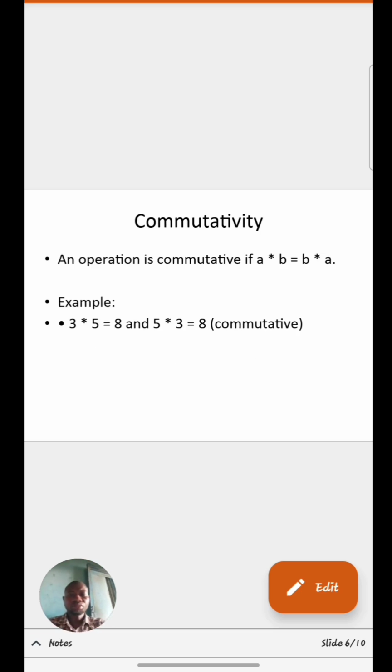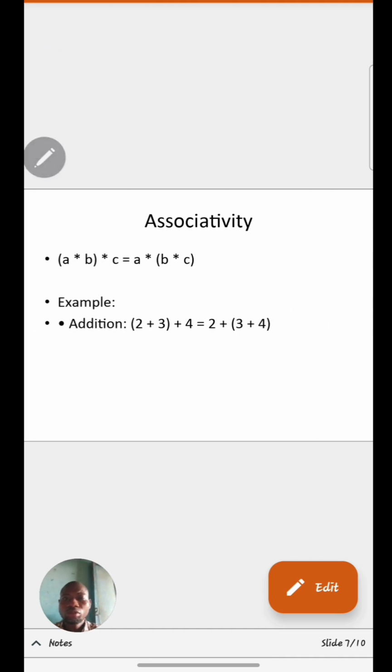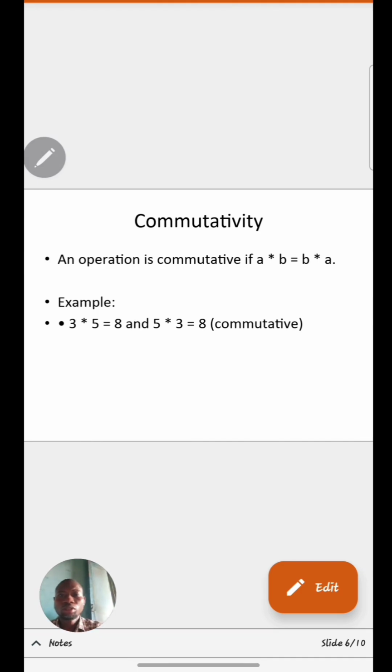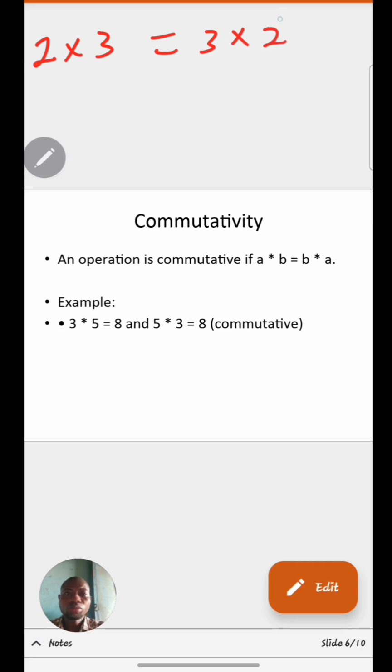An operation is commutative if A operation B is equal to B operation A. That is, 2 multiplied by 3 is the same thing as 3 multiplied by 2. When we have such an equation, we say they are commutative.